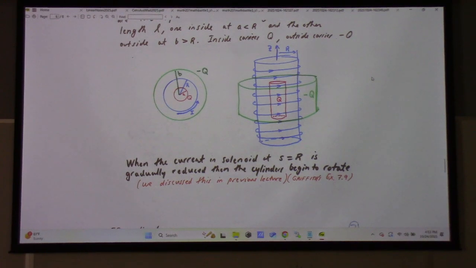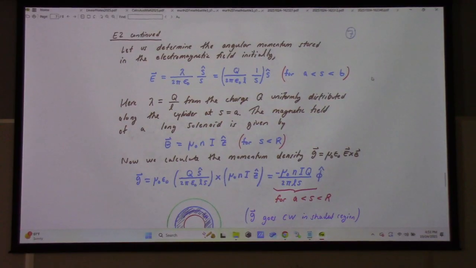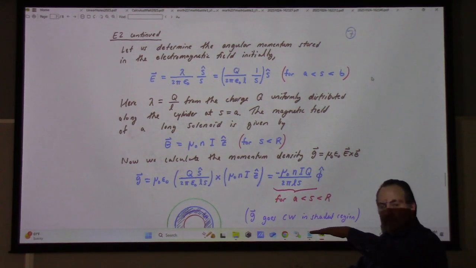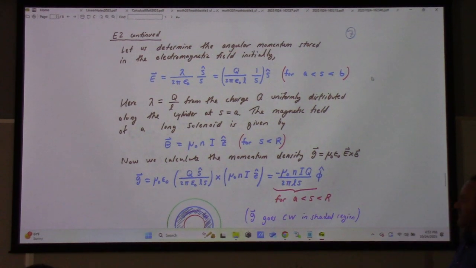So we can see that if we decrease the magnetic field, then those rings are going to start spinning. But how? Well, that's what we look at next. So first of all, before we figure out how they spin, we're going to figure out the angular momentum stored in the initial situation. We've got an electric field between the uniformly charged cylinders, and that is just the usual lambda over 2 pi epsilon naught, s hat over s, but lambda here is q over L, because we're distributing q uniformly over that cylinder of length L. So the charge per unit length is that.